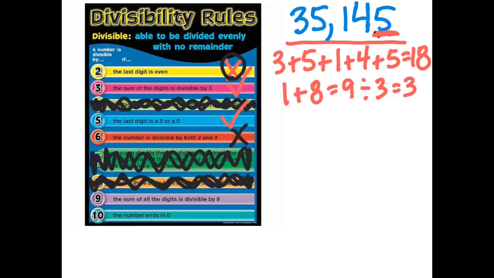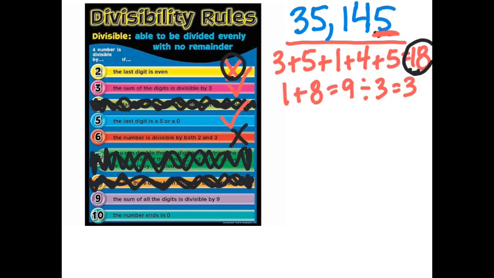What about 9? The number is divisible by 9 if the sum of all the digits is divisible by 9. Well, we added all the digits up before, and got 18. 18 divided by 9, does it come out evenly? Is it divisible by 9? Well, absolutely. It comes out evenly. There will be no remainders. 18 divided by 9 is 2.